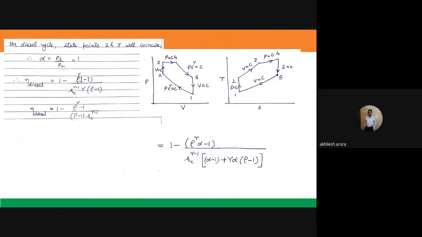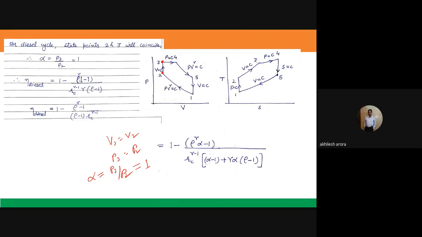Similarly, if I want the dual cycle to become a diesel cycle, then point 2 and point 3 should coincide. That means V3 should be equal to V2 and P3 should be equal to P2. We defined the explosion ratio given by P3 by P2, so in the case of the diesel cycle this value will become 1.